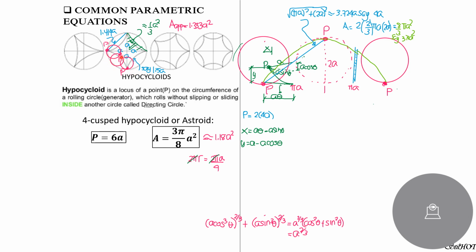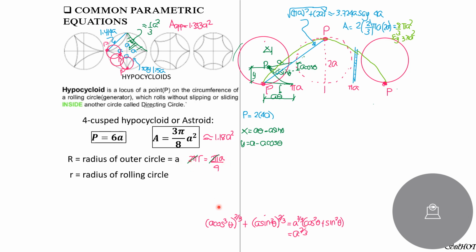The circumference of this rolling circle is equal to 1/4 of the circumference of the bigger circle, so we equate them. Let the radius be r, so the circumference is 2 pi r, equated to 1/4 of 2 pi a.